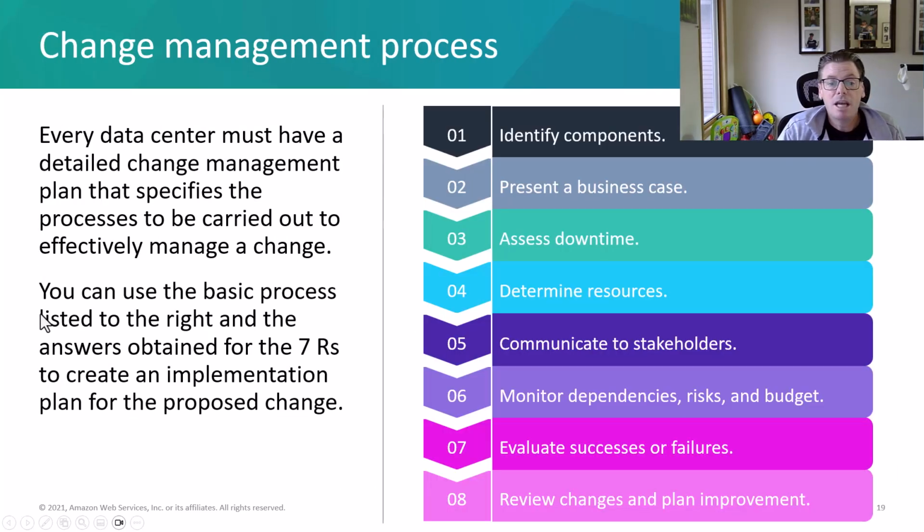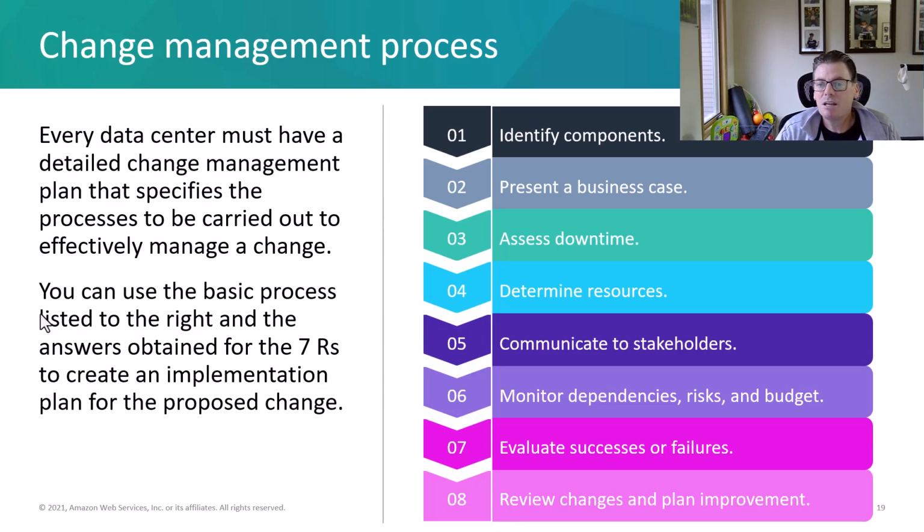All right, so as part of that change management process, we want to be able to effectively manage the change. And we can use a basic process like what we see here on the slide, and use the answers that we got from the 7 R's on the previous slide to build our change management plan, right?